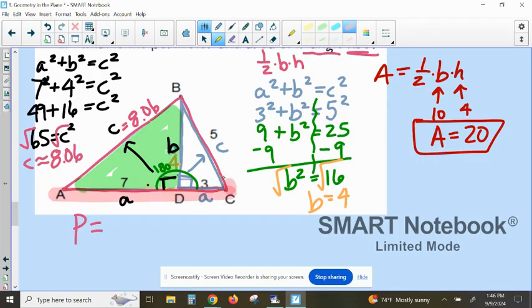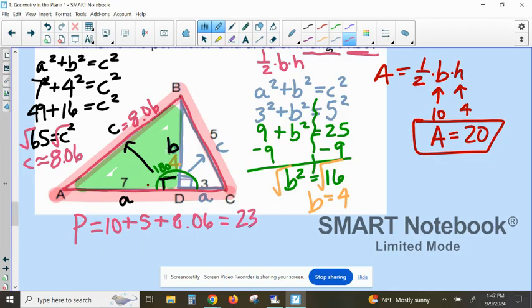And then up here is plus what? 5 plus 8.06. That's my distance around. You don't need to go down the middle, right? Okay, so that is a 10 plus a 5 plus an 8.06. And that equals 23.06. That is our perimeter.